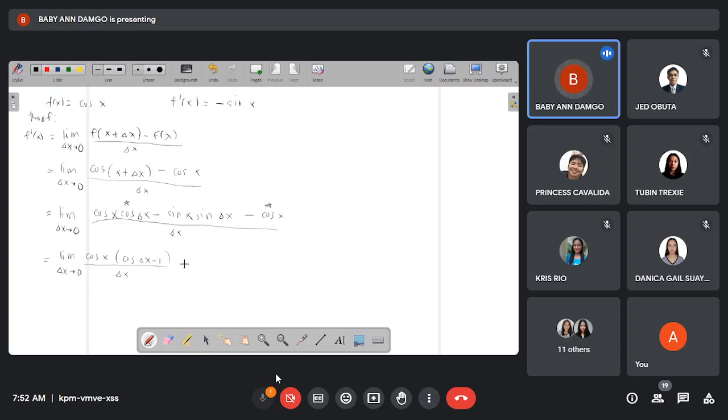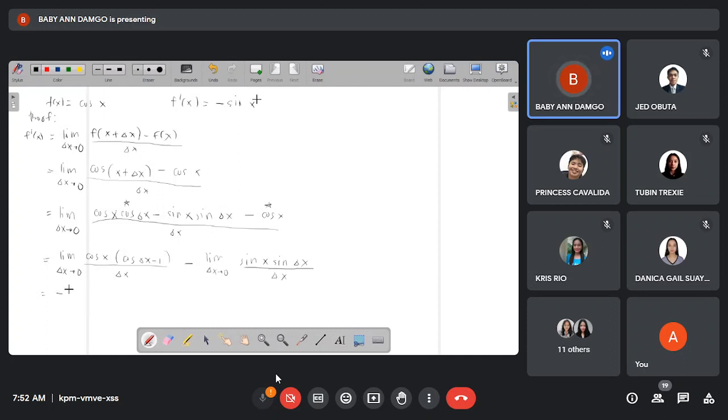So, minus here, the limit, the change of x approaches 0, this is sine x, sine change of x, all over the change of x. Okay? So, gamiton gihapon nato nga theorem katong gigamit sa sine. So, ang form niya is 1 minus cosine x. So, we need to factor out negative 1.